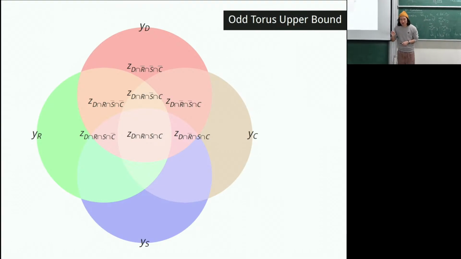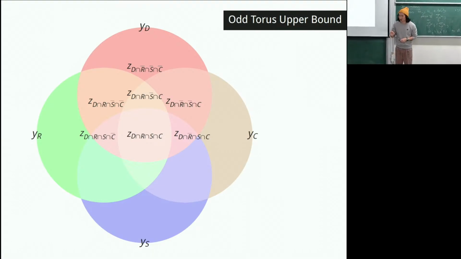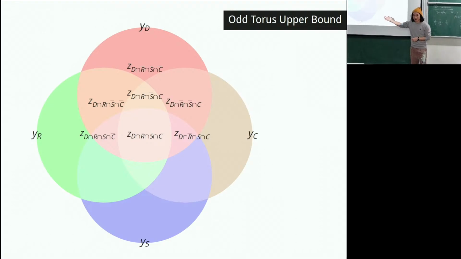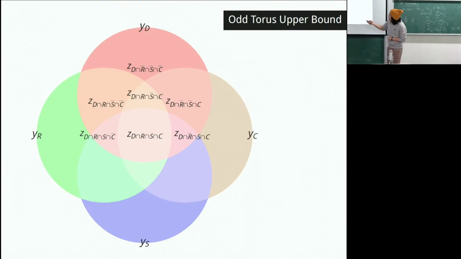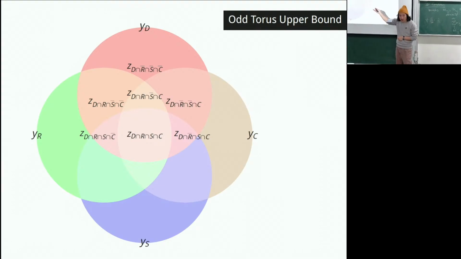There should be 16 regions, but because I use circles to represent these things, there are actually only 14. Anyway, we'll have variables that represent the different regions of the Venn diagram.